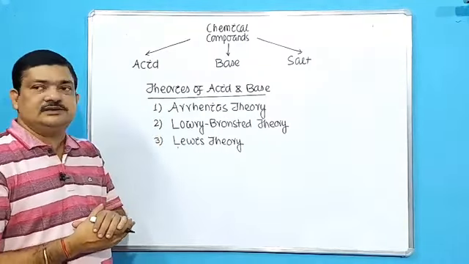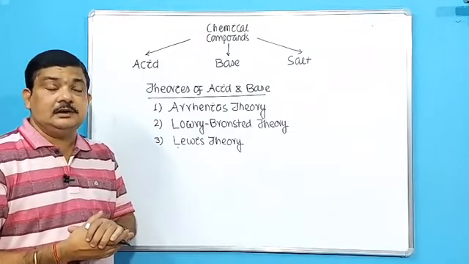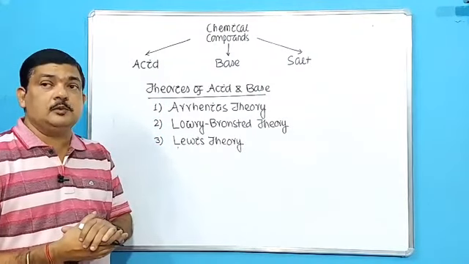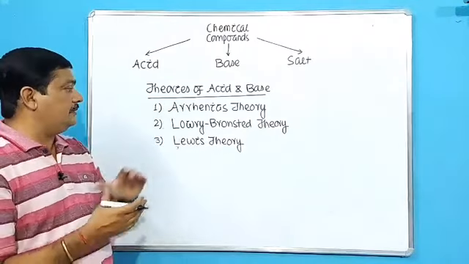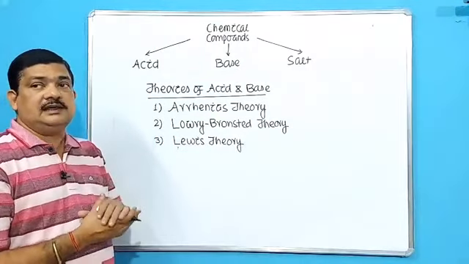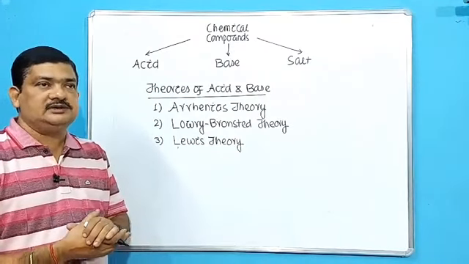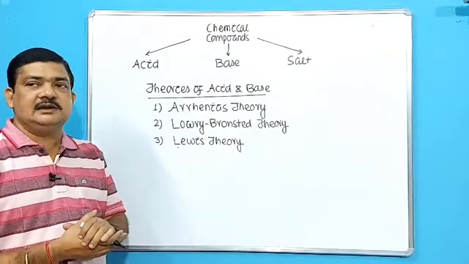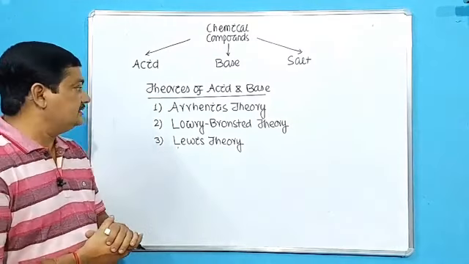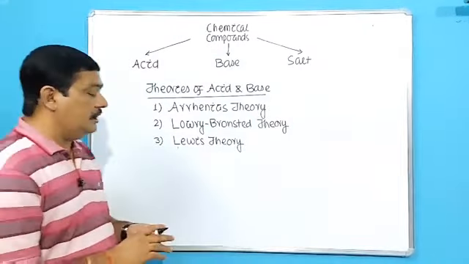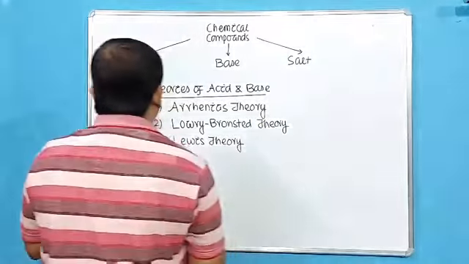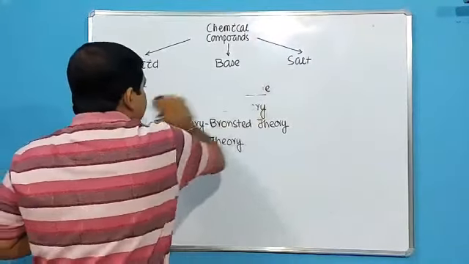For the time being, we will discuss only the first theory, that is Arrhenius theory of acid and base, because it is the most popular theory which successfully explains and defines acid and base. Okay, so we'll start with Arrhenius theory of acid and base.